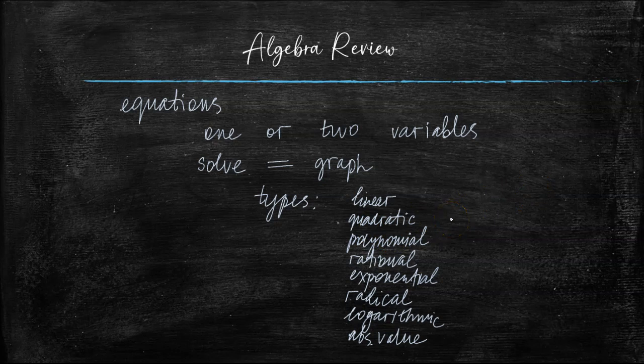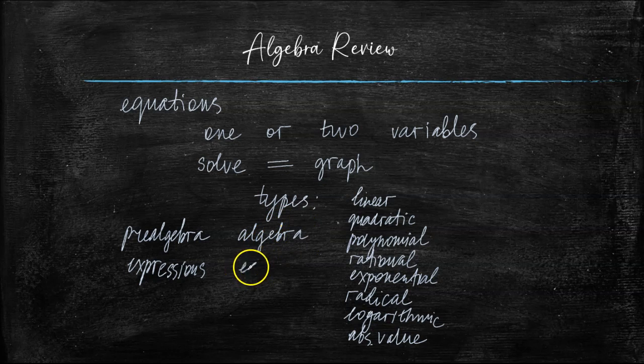And the reason I keep bringing this up is that the way we classify these objects is the same for expressions in pre-algebra. So in pre-algebra, we're talking about expressions. In algebra, we're talking about equations.